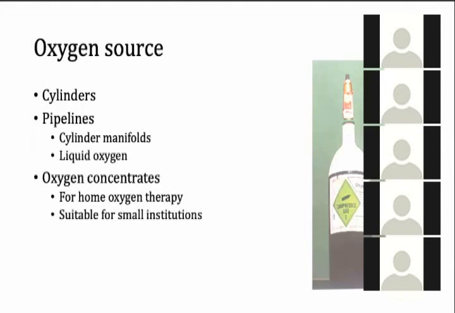So that is why I said this liquid oxygen can be delivered in the form of gas. You deliver them into the anesthetic machines and theaters because we use a lot of oxygen. Otherwise, we'll have to change these small cylinders very frequently. So we use the oxygen pipeline system.